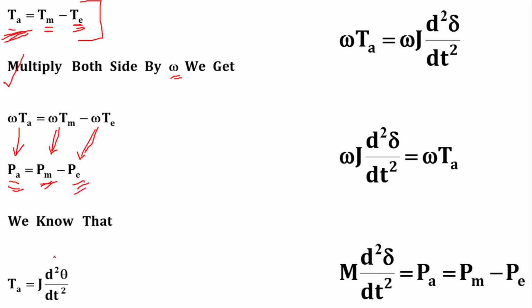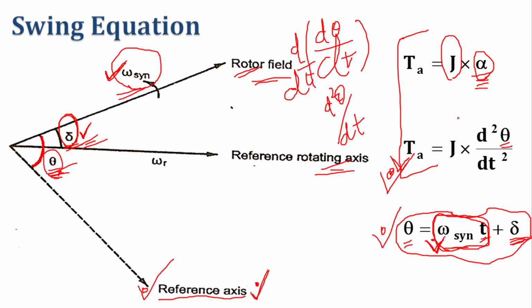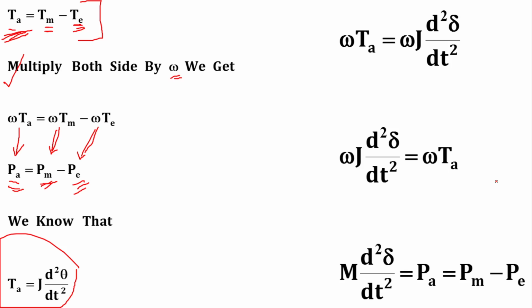But we have just defined the value of Ta: Ta is equal to J d square theta by dt square. Again multiply this equation by omega. So omega into Ta is equal to omega into J d square delta by dt square. We have replaced d square theta by dt square by means of the angle delta.